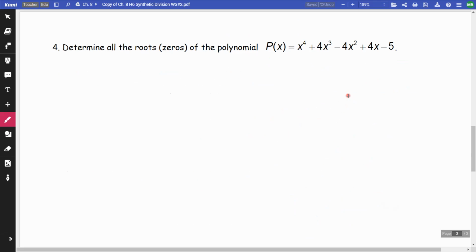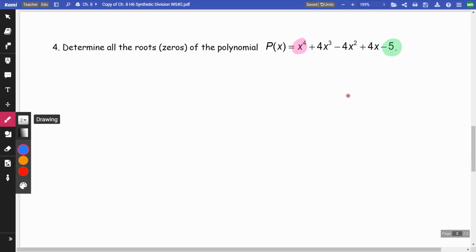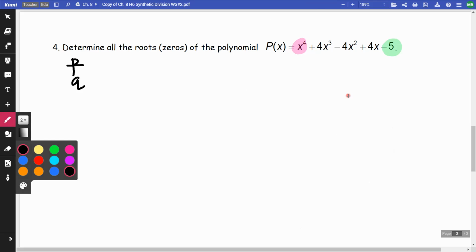Okay, so on this one, less to try, so that's a little nicer here. My Q is still going to be positive, -1. My P's, I'm going to have positive, -1, and 5. So let me just write out again my P over Q's, plus or minus 1 and 5 over plus or minus 1.